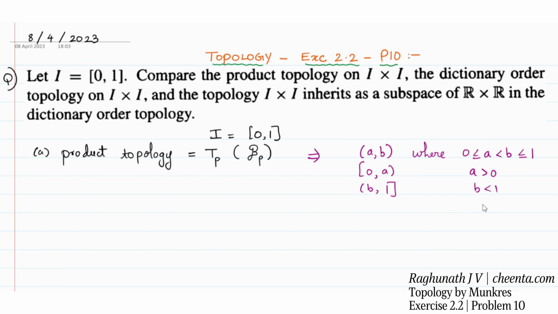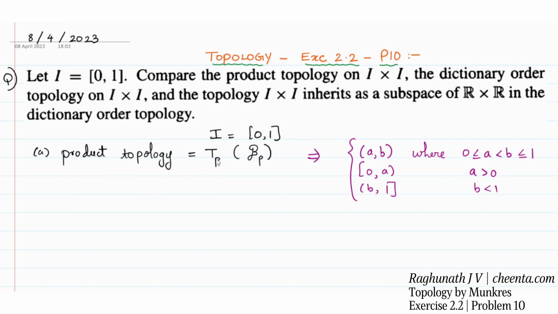So all intervals of this form the basis for this topology. One can prove that this is indeed a valid basis for forming a topology on 0 to 1. So this is the basis for the unit interval.